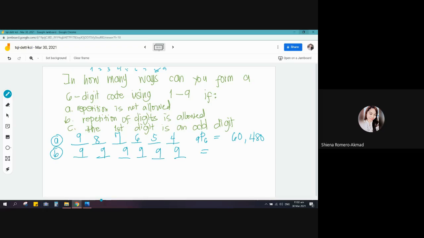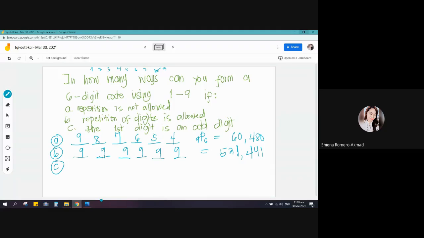And that gives us 9 raised to 6, which is 531,441. Pinakita ko lang sa inyo kung ano yung mga pwedeng mangyari. Pwede kasing ganyan ang ibigay sa inyo.